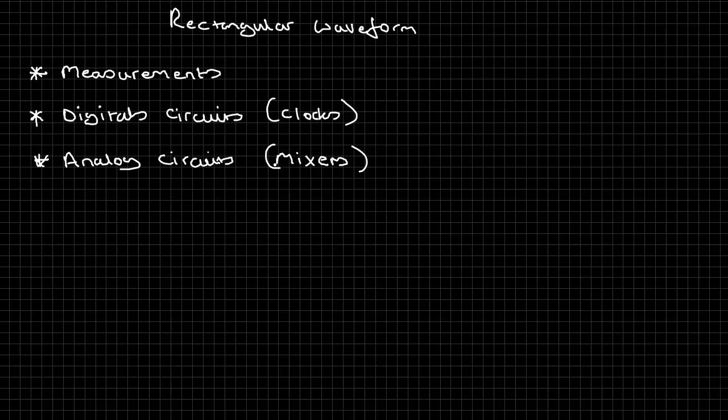Just to give you further motivation actually on the mixers, for instance, I said that the harmonics are an issue. Well, people can get around these issues. In the case of mixers, people have designed things called harmonic reject mixers, and to do that you really had to understand the behavior of rectangular waveforms first before you could then play around with the mathematics to come up with solutions which could mitigate the issues with harmonics.